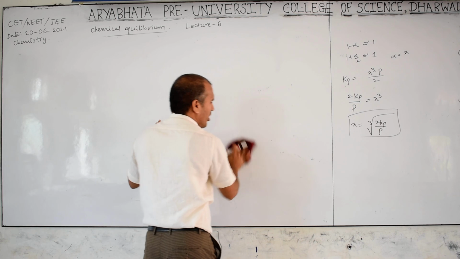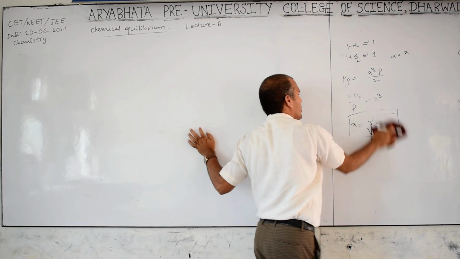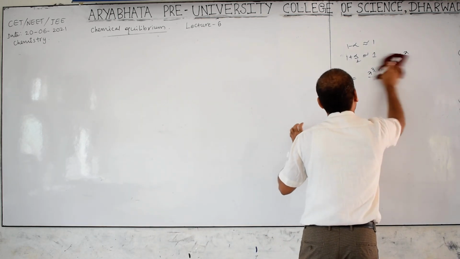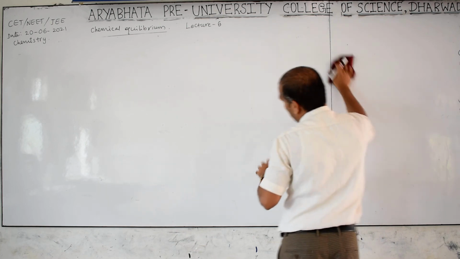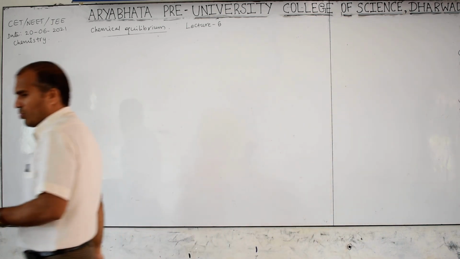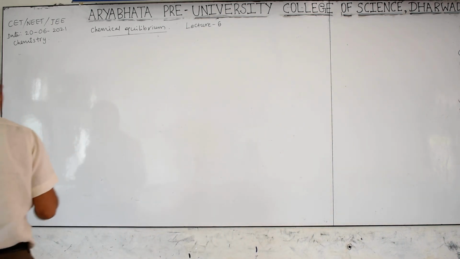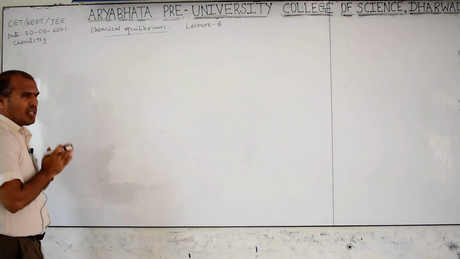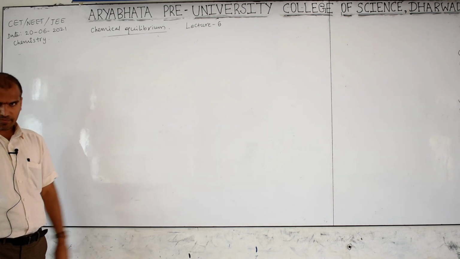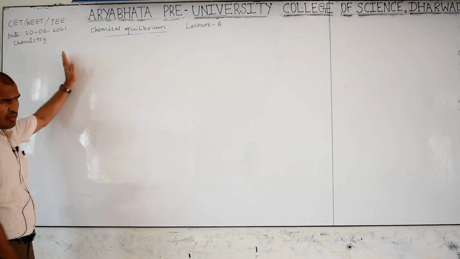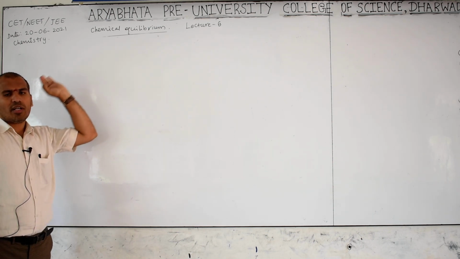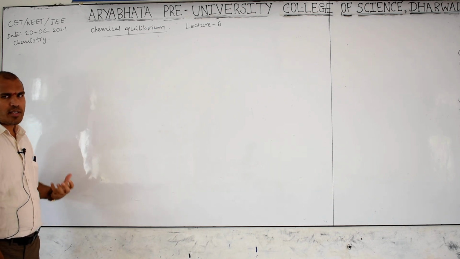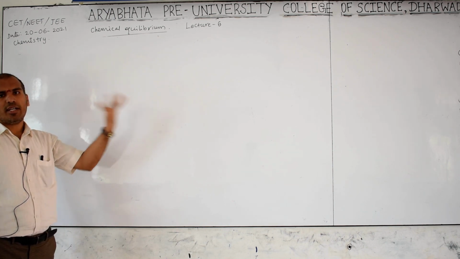Now at equilibrium, any measurable properties do not change, that is well known. So now if you apply any change, then the reaction shifts toward that direction. If you increase the pressure, then the reaction shifts toward the decrease side. If you increase the concentration, the reaction shifts toward the decrease side.